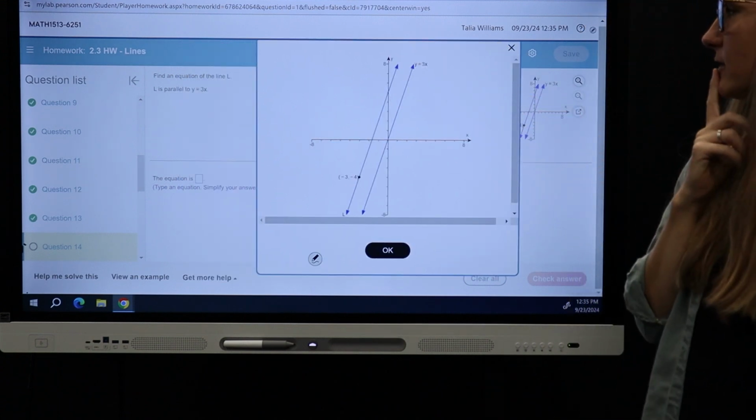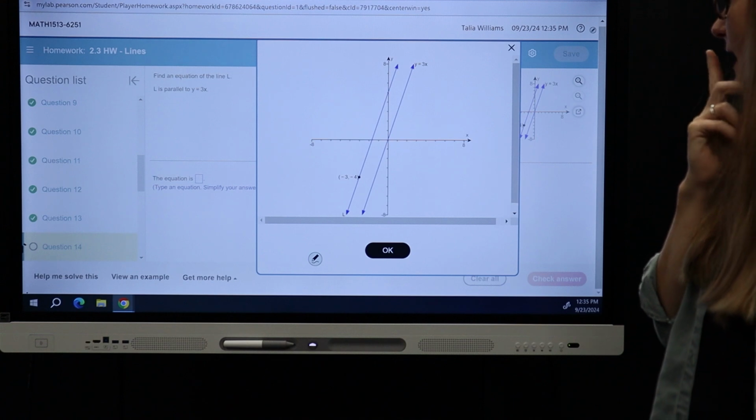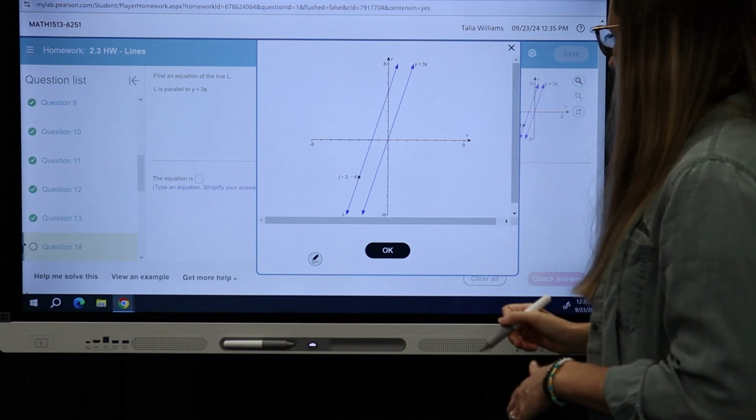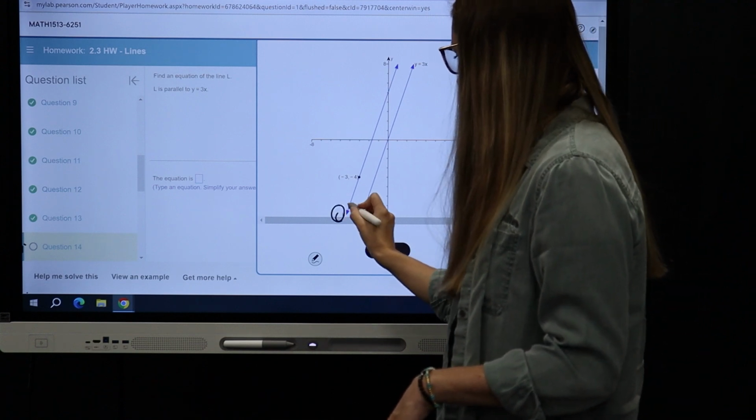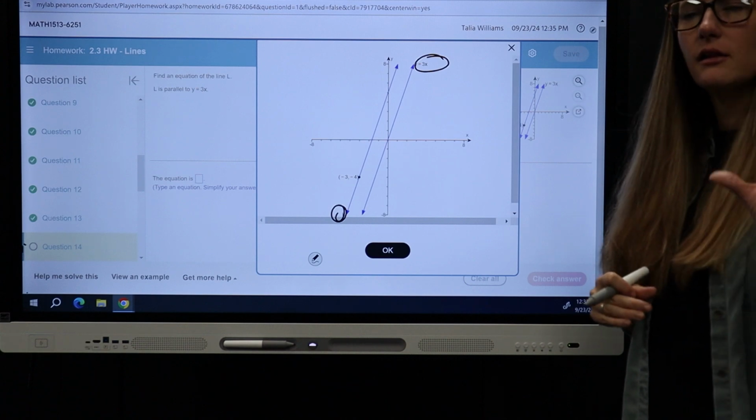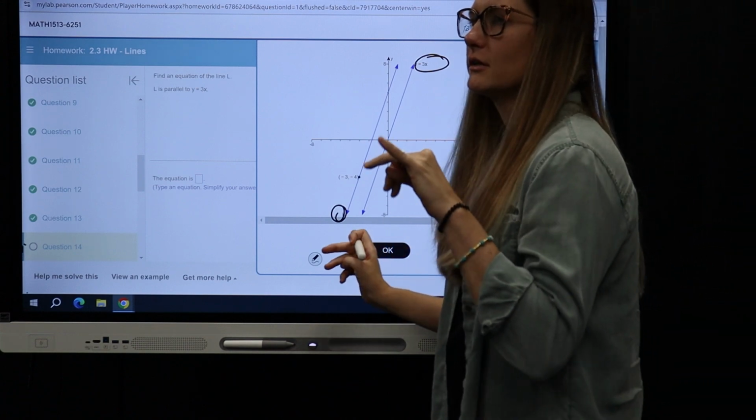This one they're asking, find the equation of the line L, where L is parallel to y equals 3x. So this is line L. This is y equals 3x. Parallel lines never, ever cross.